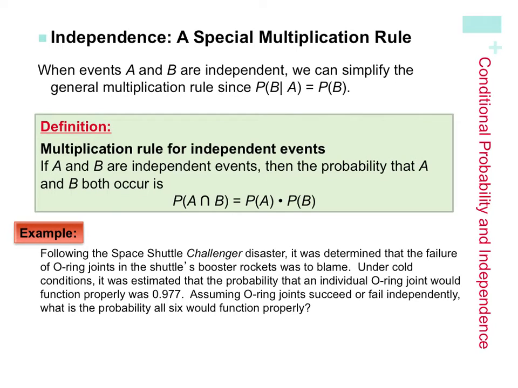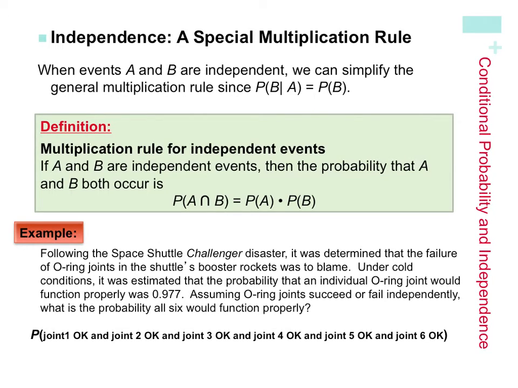So what we see here is that we can just multiply all of these out. The probability of joint 1 functioning properly, and 2, and 3, and 4, and 5, and 6. So I'm going to do the probability of joint 1 times 2 times 3 all the way to 6.